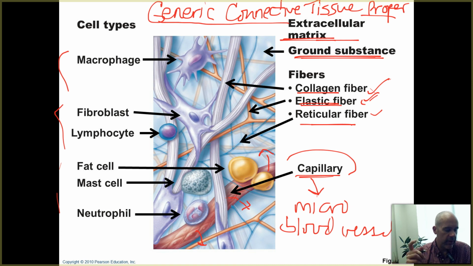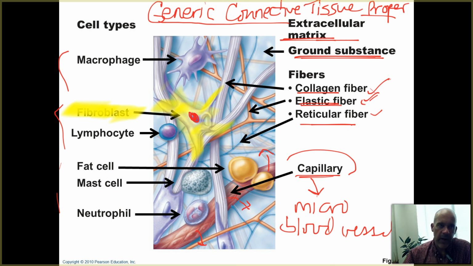Some cell types in here. All right, this is the one I really want to highlight for you, the fibroblasts. So this guy right here, this kind of spiky looking purple cell you see, that's a fibroblast. There's its nucleus.